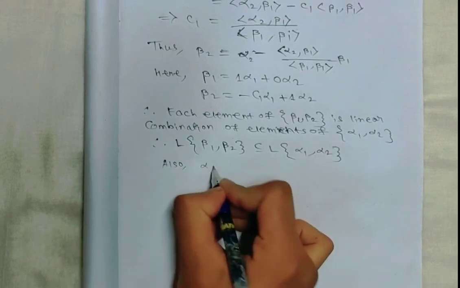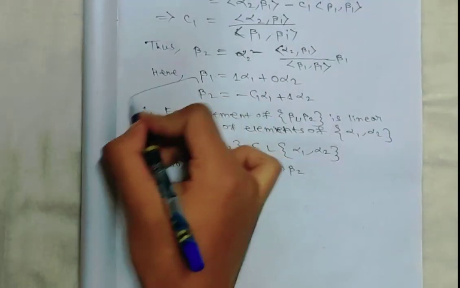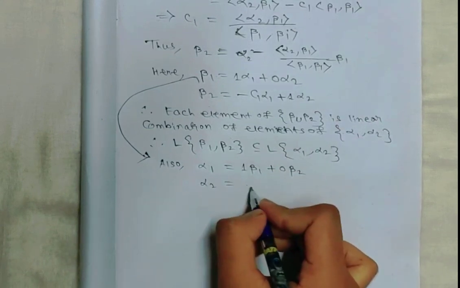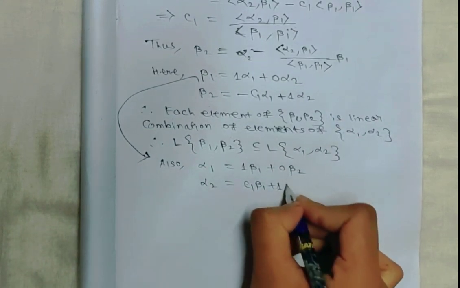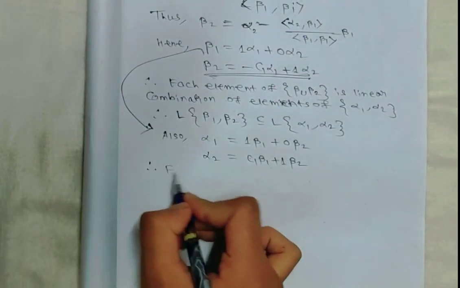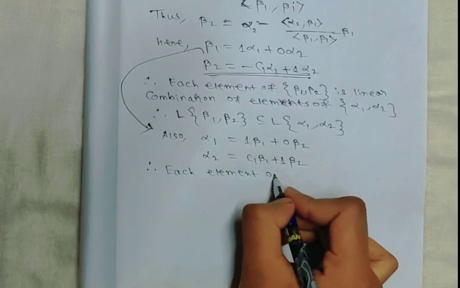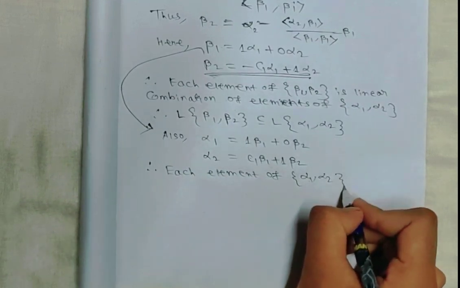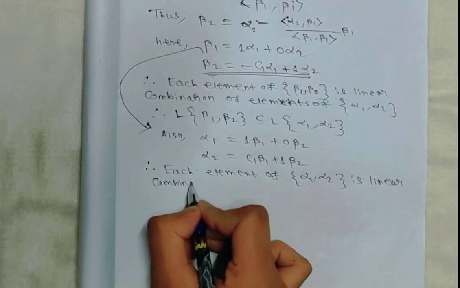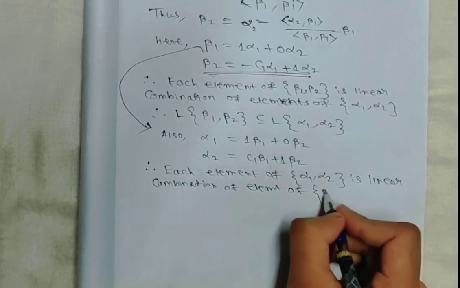Also alpha 1 equals 1 into beta 1 plus 0 into beta 2. From here we can say alpha 2 equals C1 beta 1 plus 1 into beta 2. Similarly from here, therefore each element of alpha 1, alpha 2 is a linear combination of elements of beta 1, beta 2.